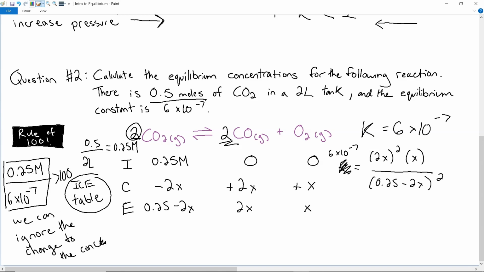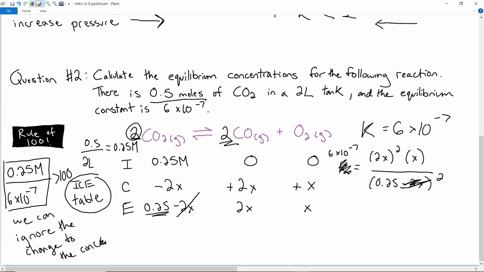So if you plug this into your calculator, you'll know that it's much larger than 100. And what that means is the change in our initial concentration is going to be so small, we can effectively ignore it. And that's going to make this a lot simpler to solve.